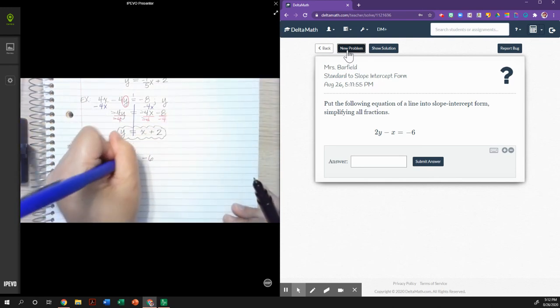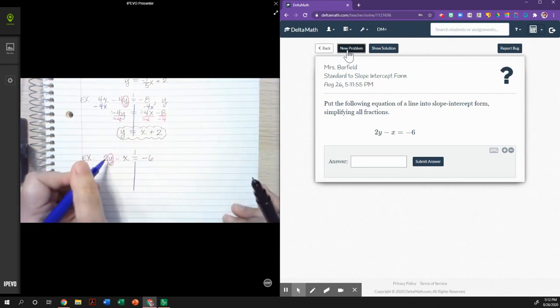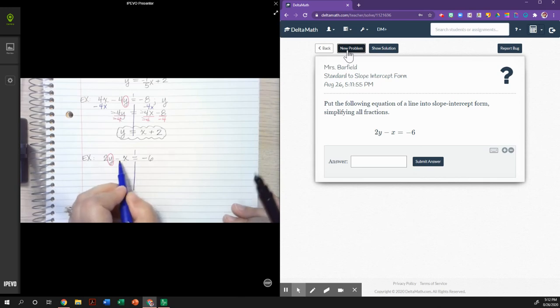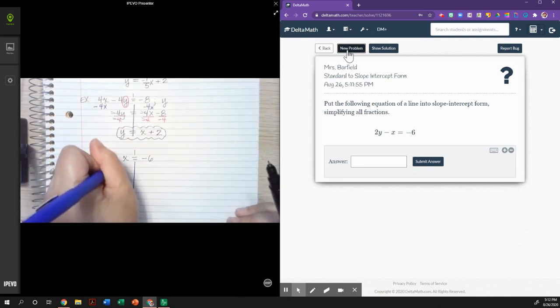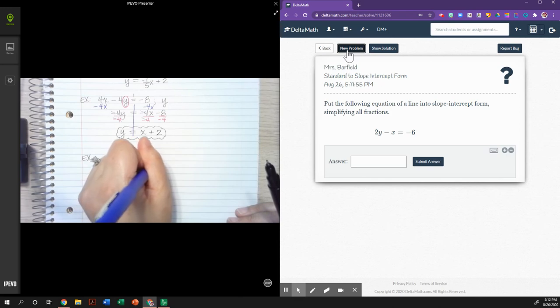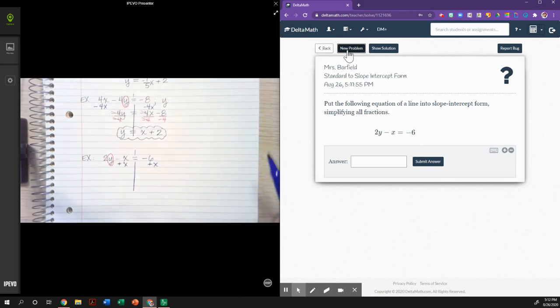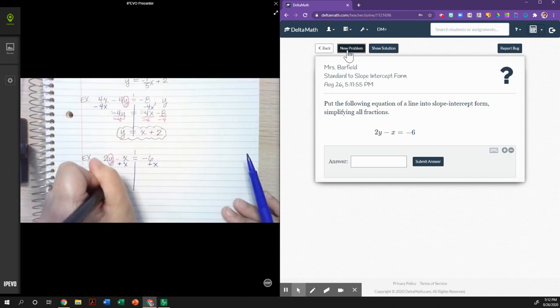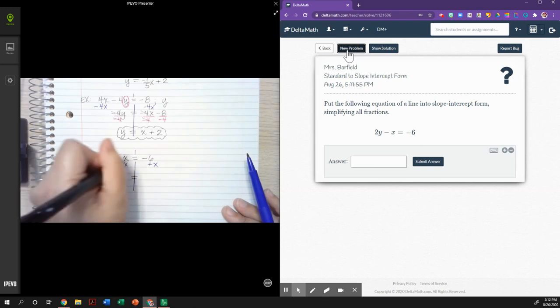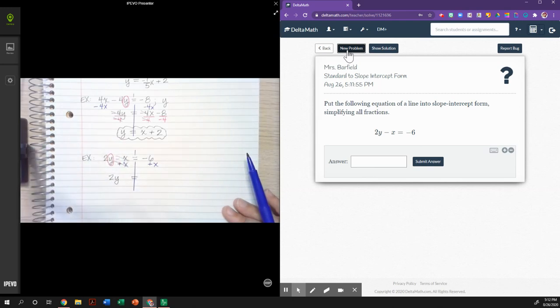If I want to get 2y by itself, I need to add x to both sides. So plus x, plus x. I bring down 2y equals, that eliminates. I'm going to write x first, minus 6.